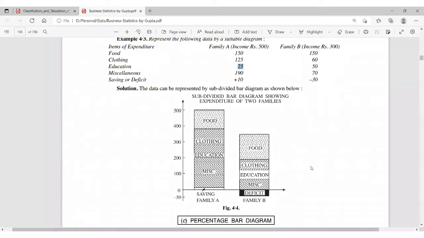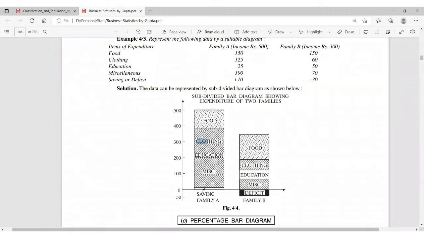सर यहाँ पे ऑल डाटा को लेके जस्ट एक डायग्राम करना है, यही तो? हाँ, डायग्राम करना है. हमने क्या किया, एक सिंगल डायग्राम को we subdivided that diagram. हमने एक डायग्राम बनाया. For example, for family A, we made this one, right? इसी बार को we subdivided, further divided into this.